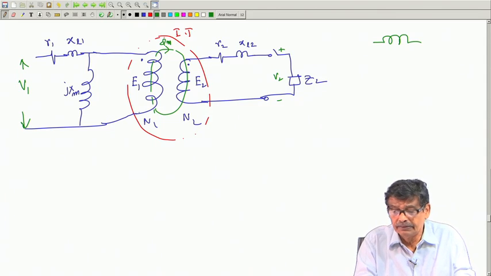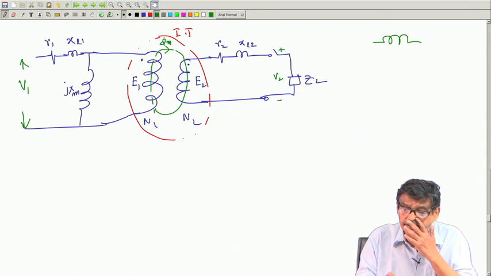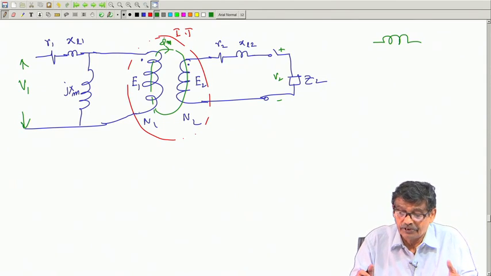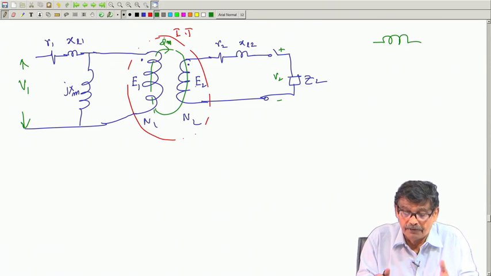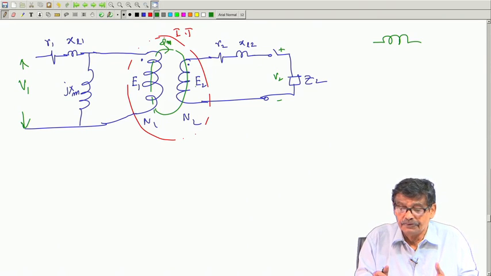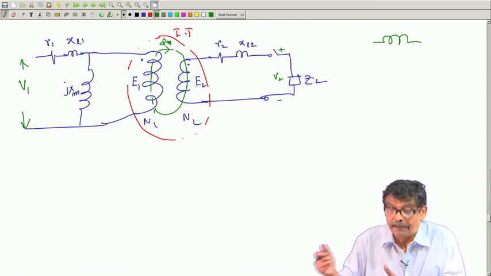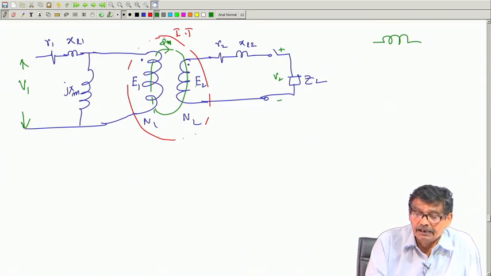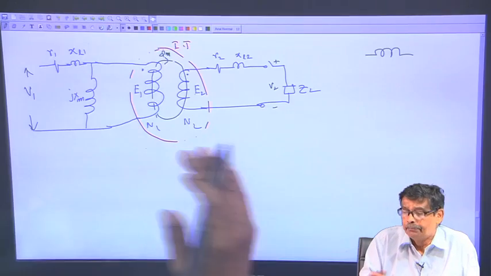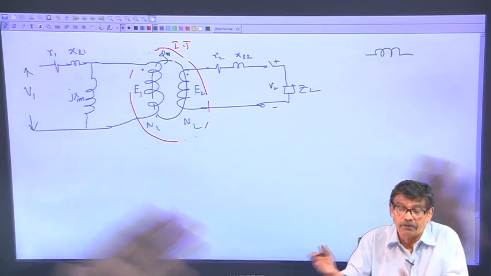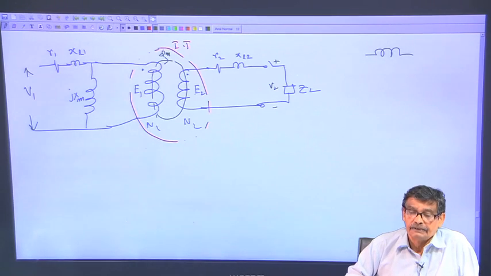Nonetheless, this is more or less all the parameters we have added to an ideal transformer to represent a practical transformer. This is the ideal part, add these two things and pretend that this is the model of the practical transformer.